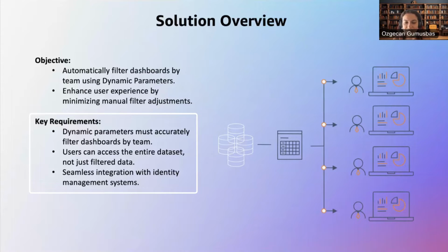Dynamic parameters don't mean that because you can only see one part of the dashboard, you don't have access to the whole database. Only the manual filtering part is handled when we use dynamic parameters, but you still have access to the whole database.